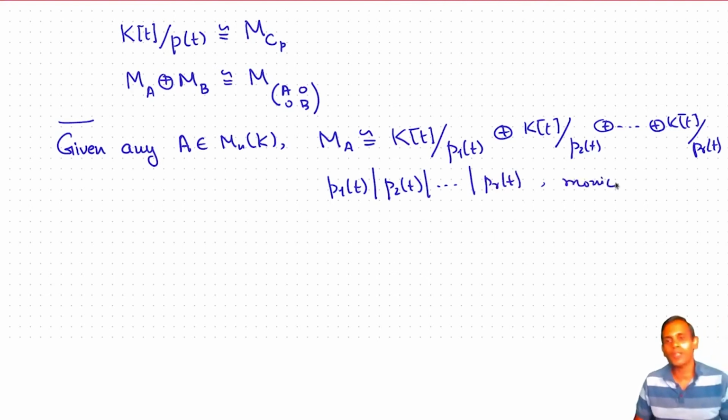Monic because these polynomials can be chosen up to unit, so you can always make the leading coefficient equal to 1.